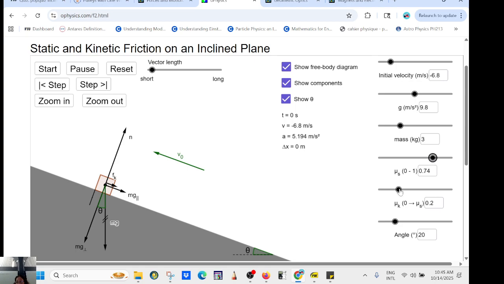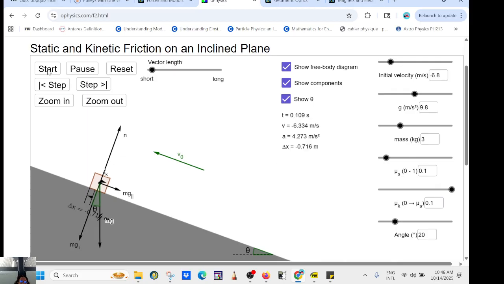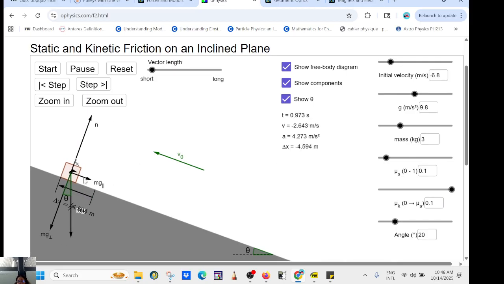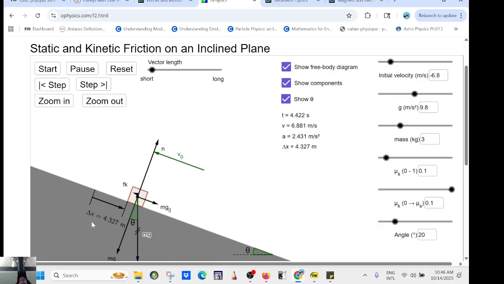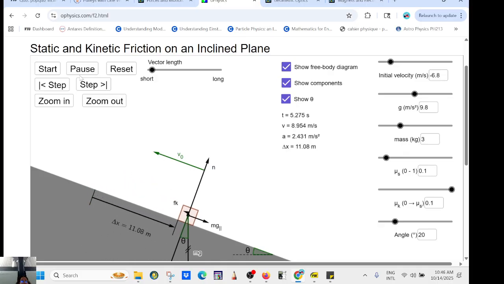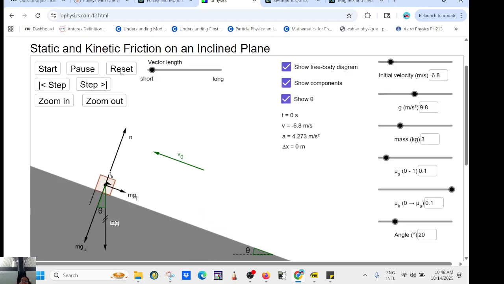I can make it 0. To play with them, it's a little bit annoying. But do you see that the component of the weight does not change? It's always down slope. Kinetic friction here is opposing the motion. You can play with that.